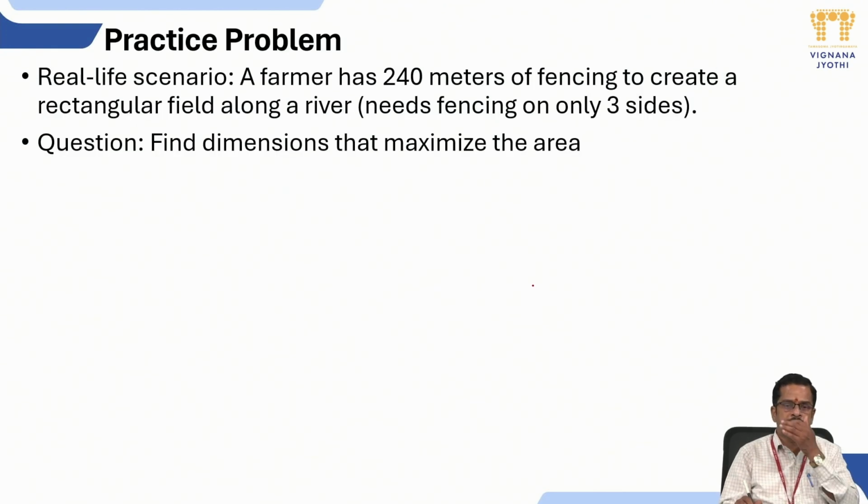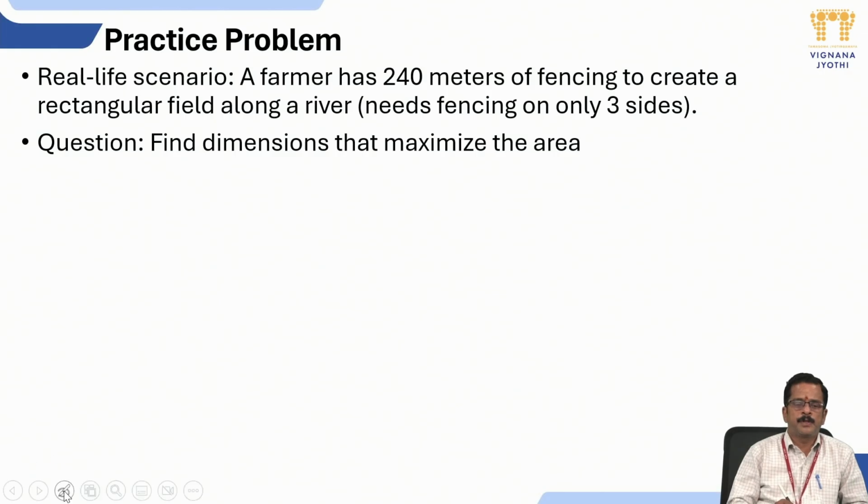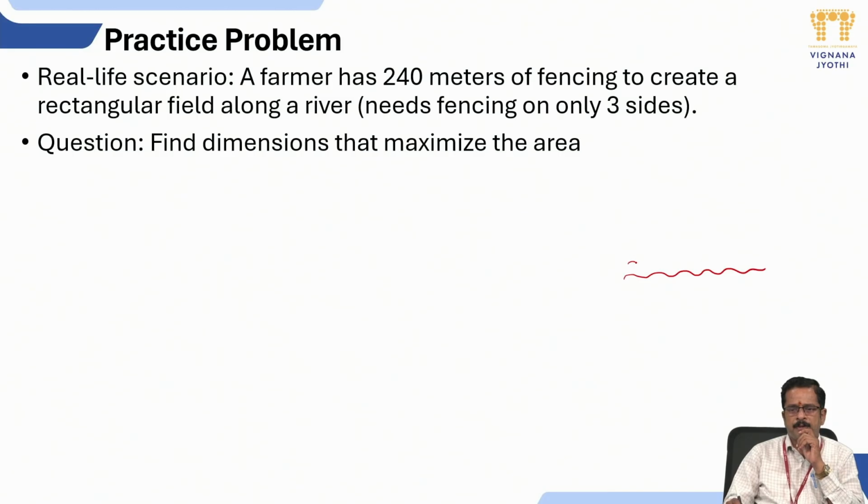Now, let us practice one problem. A farmer has 240 meters of fencing to create a rectangular field along a river. This is the river, and beside the river he has a field, a rectangular field.